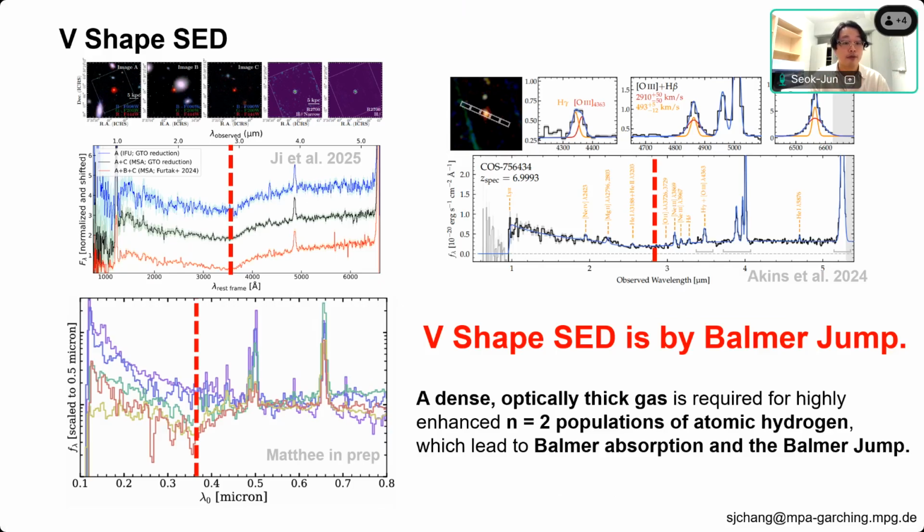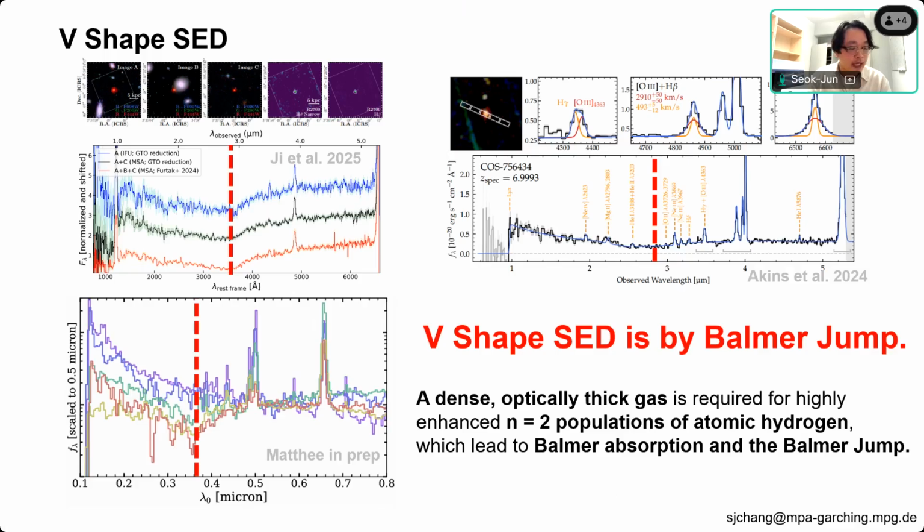So people started to be curious about what this is. Also the H alpha H beta flux ratio is much higher than the Case B expectation, so people said, oh, maybe it's dusty. Also the red color, people easily said this is dusty. But if there's dust, it's impossible to understand the UV excess and the UV radiation.